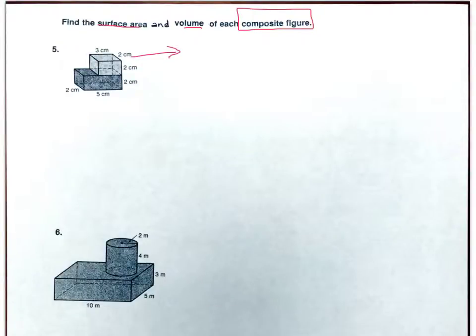Surface area for the first one. Well, I need to first of all find out what's the base. So what's the area of the base? That is 2 centimeters length times width times 3 centimeters. So the area of that base is 6 square centimeters.